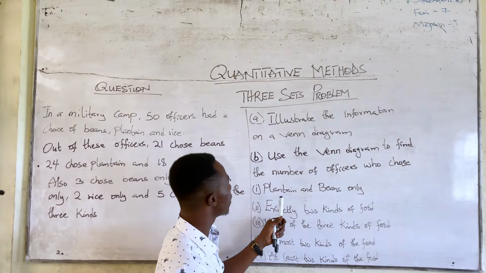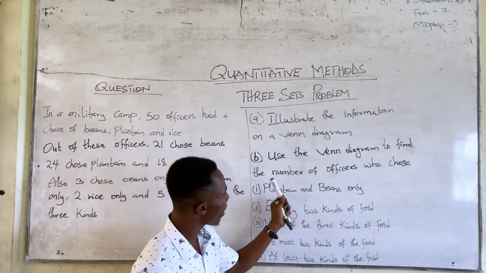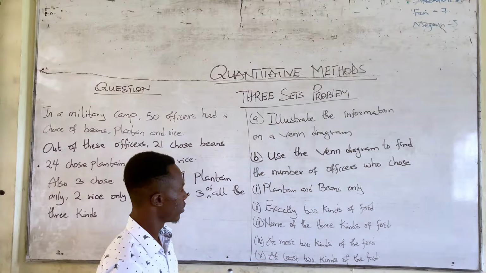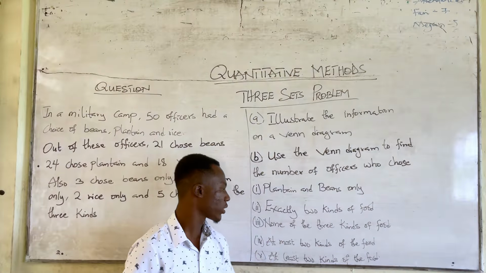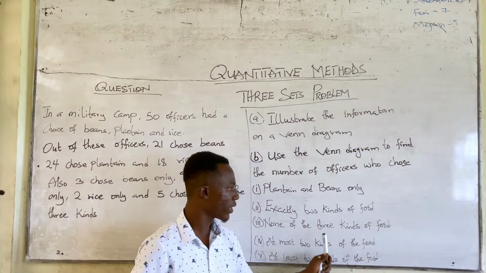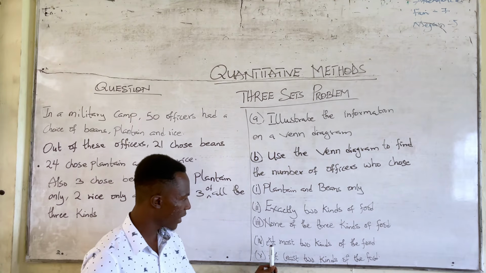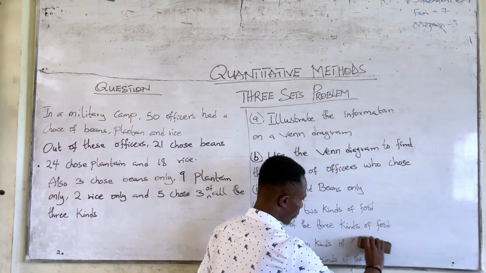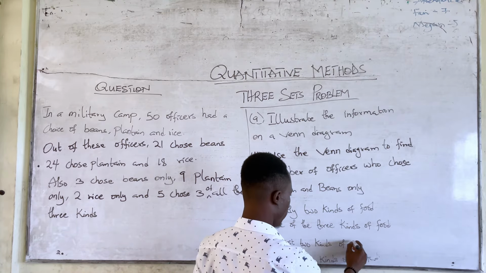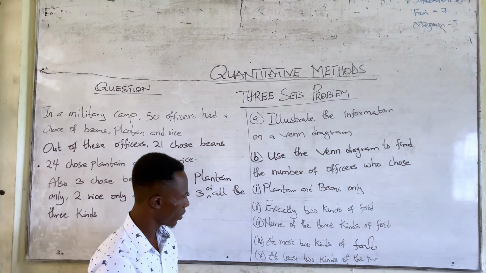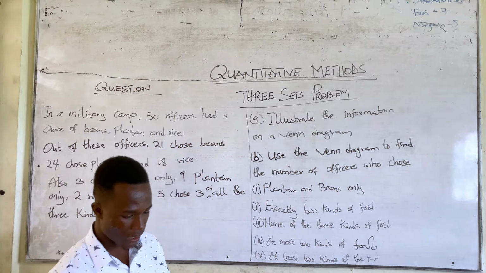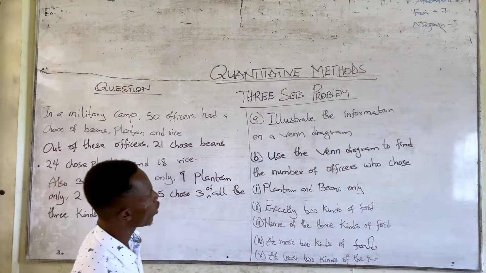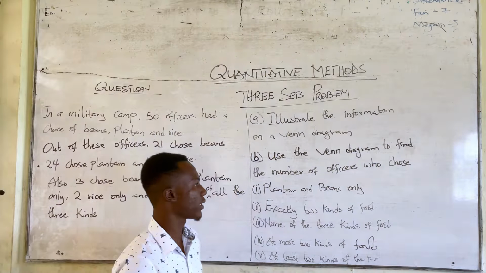And B says use the Venn diagram to find the number of officers who chose plantain and beans only, exactly two kinds of food, none of the three kinds of food, and at most two kinds of food. B also says at least two kinds.